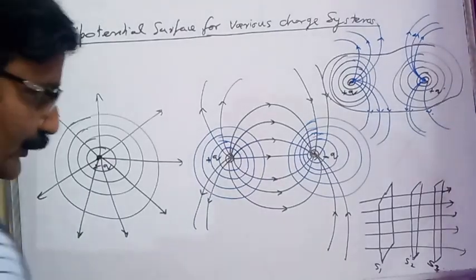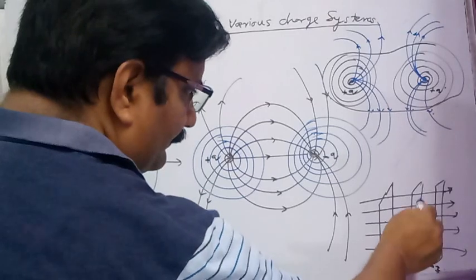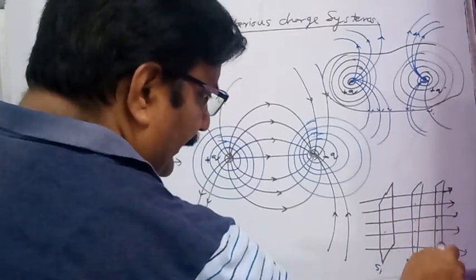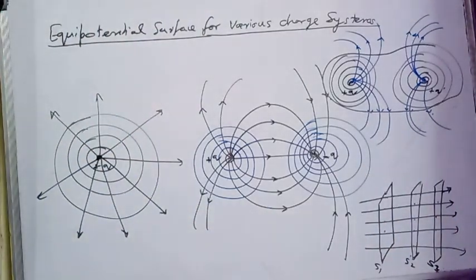Here, the potential on each point of a plane remains the same. That is why this plane is said to be an equipotential surface. So these are the shapes of the equipotential surface for various charge systems.